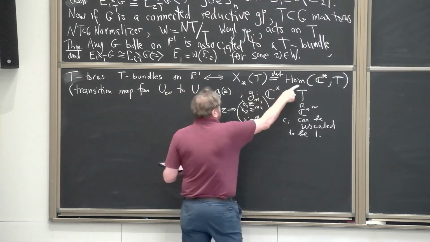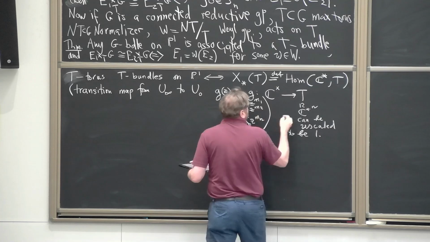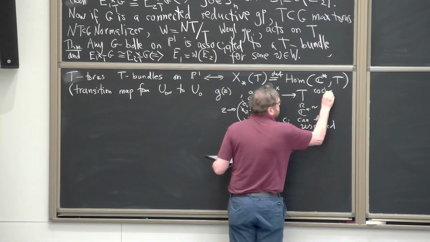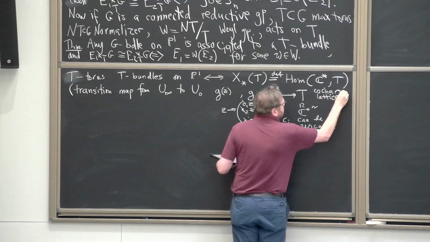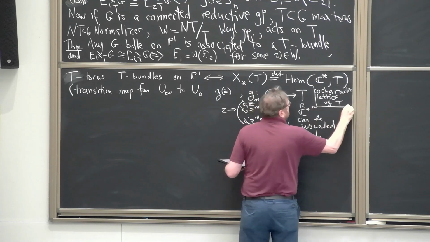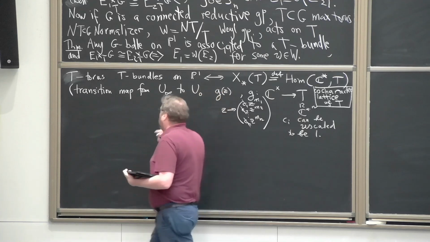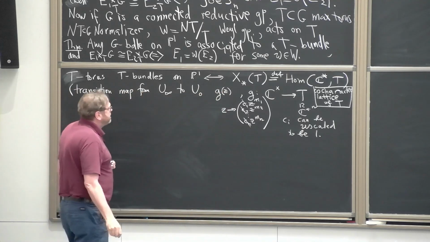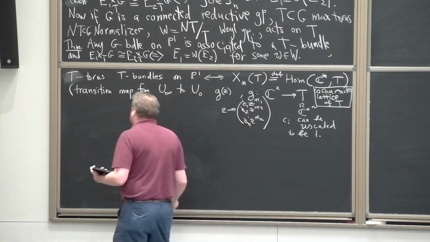So it is a co-character. So this is called the co-character lattice of T. And canonically, our bundles are classified by this co-character lattice.